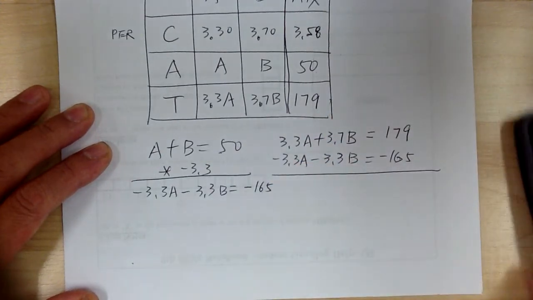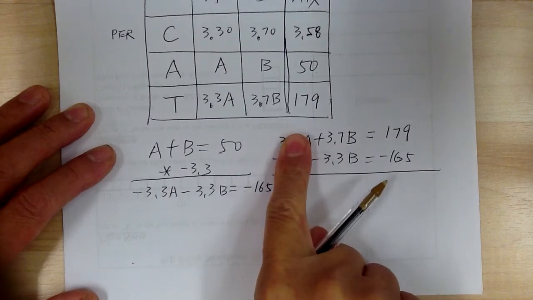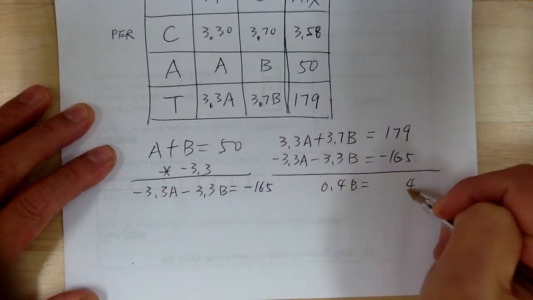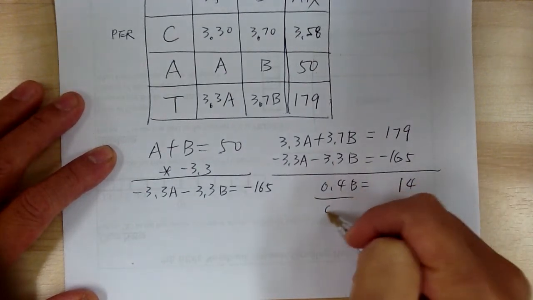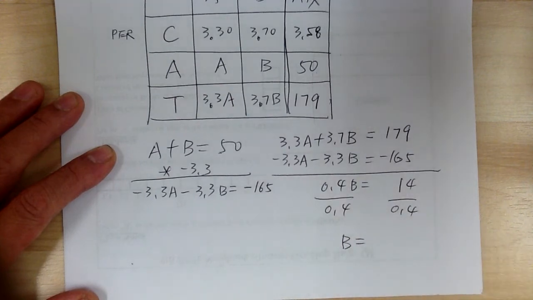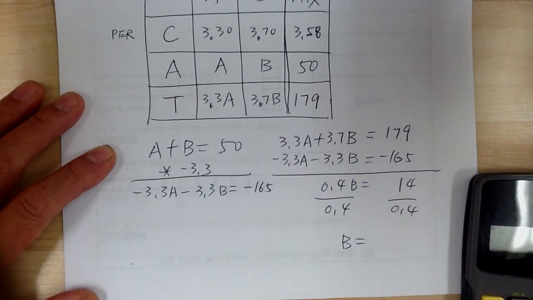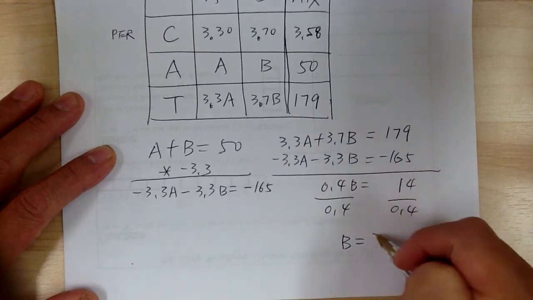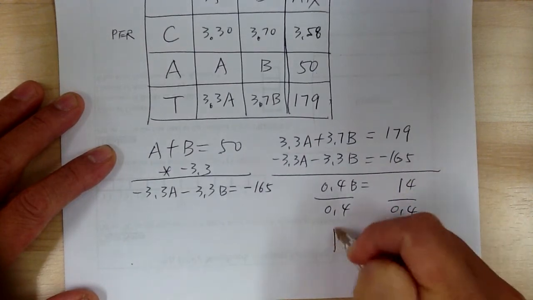And you add to eliminate the A by using the elimination method. And then you divide by 0.4. So B equals 35 pounds.